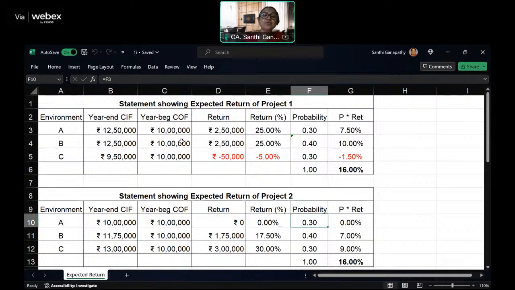So year-end cash inflow minus year beginning cash outflow is the return. What is the return percentage? What is the probability? What's the expected return? For project 1, what is it? For project 2, what is it?